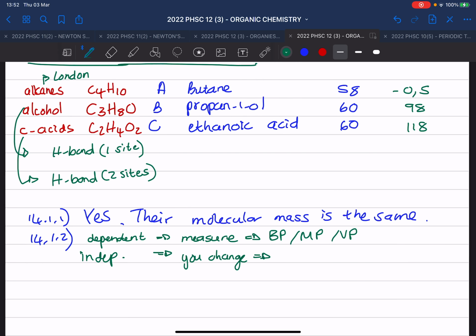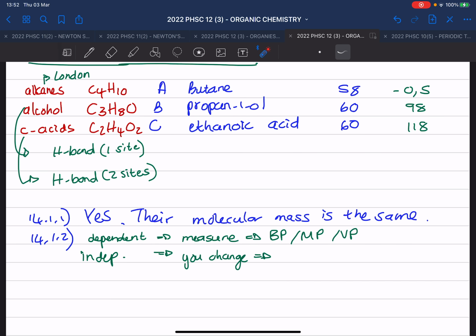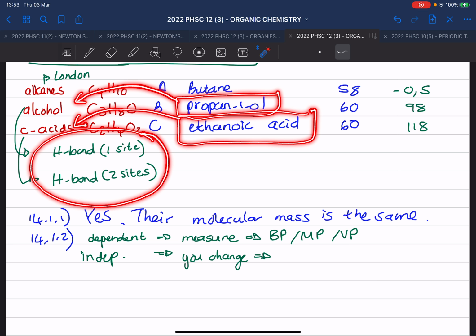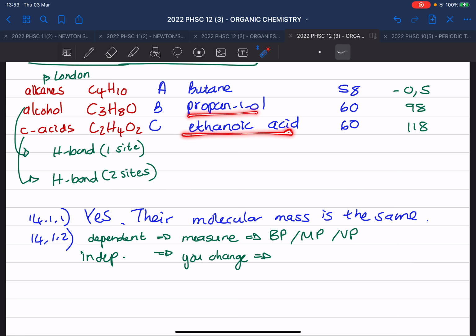Okay, so the thing that we change when we compare propan-1-ol to ethanoic acid is the homologous series or the strength of the intermolecular force. So you have two answers here. You can either say, when I compare these two, I compare different homologous series to one another, or the strength of the intermolecular force.